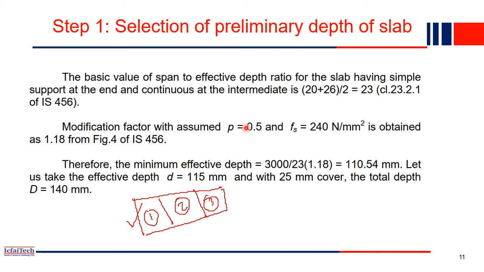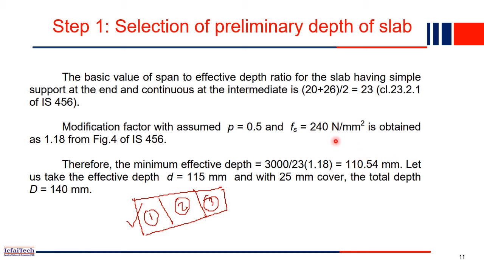Based on 0.5% steel and Fs 240, we get a modification factor of 1.18. Please check the graph in IS 456 Figure 4. So the minimum effective depth is the effective span 3000 divided by 23 into 1.18, where 1.18 is the modification factor. From there we got 110.54 millimeter as the depth of the slab.